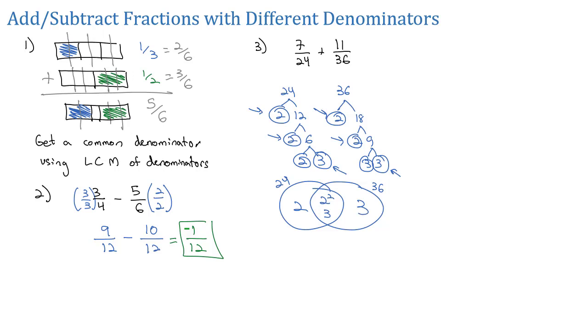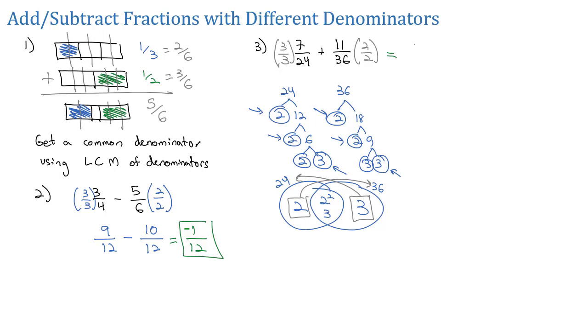The reason this is nice is the stuff in 24 that was extra is what we need to multiply the 36 by. So the 36 needs to be multiplied by 2/2. And the stuff that's extra in the 36 is what we're going to multiply the 24 by. So 24 gets multiplied by 3/3.